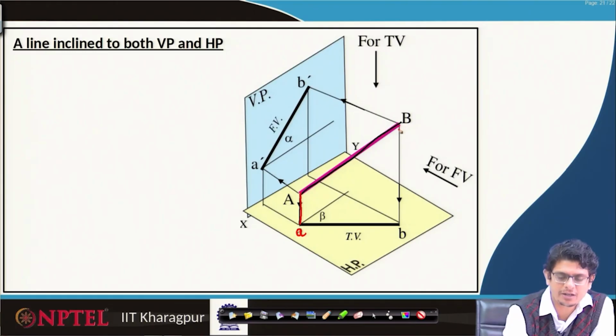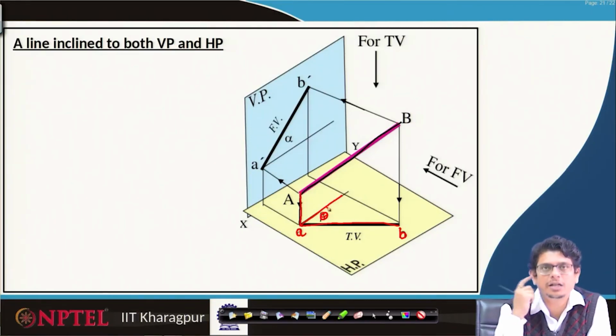By projecting B all the way down vertically, we get B. This is the projection one. It makes an angle, maybe beta or theta, with the horizontal plane.